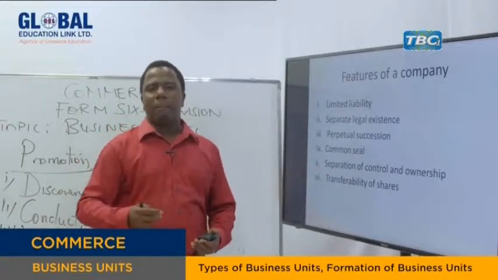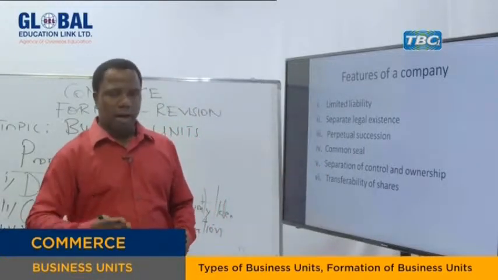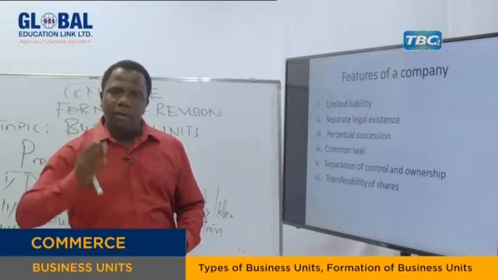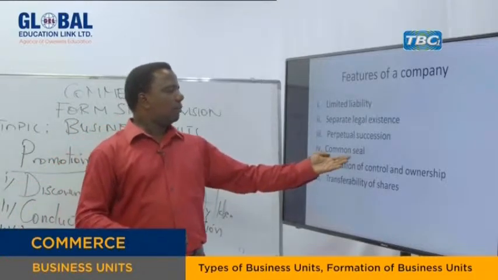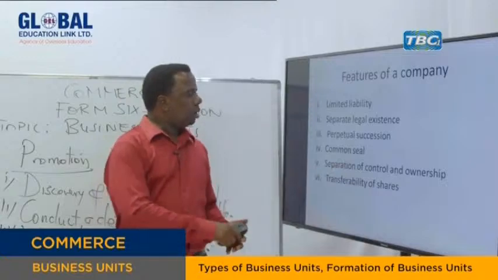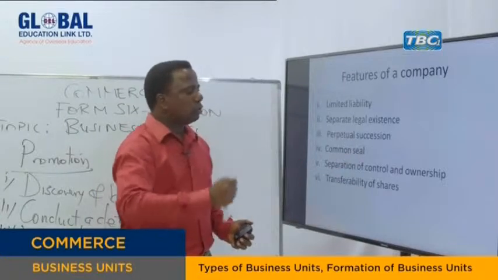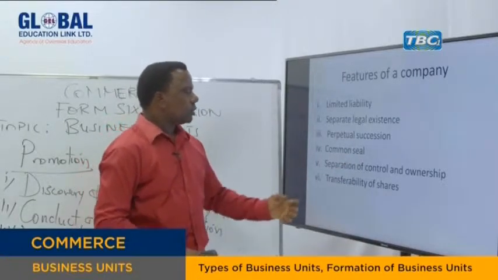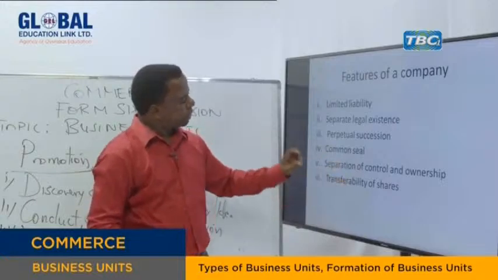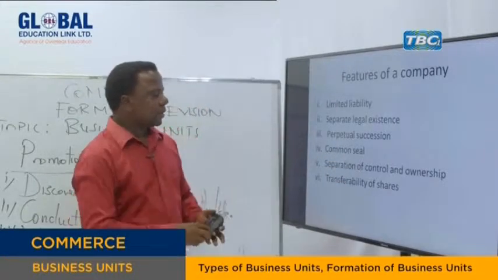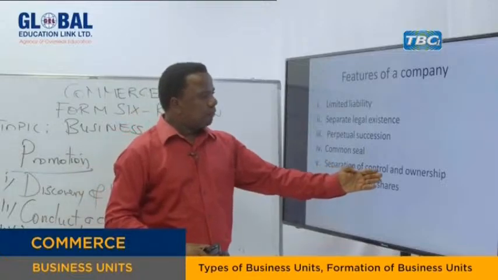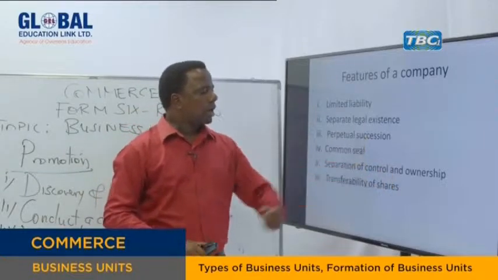Common seal: a company must have an official signature. All documents of the company will be signed, or the common seal will be used to stamp those documents. Separation of control and ownership. This means that members cannot have control in a company.